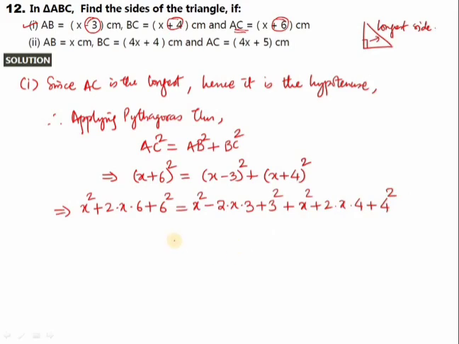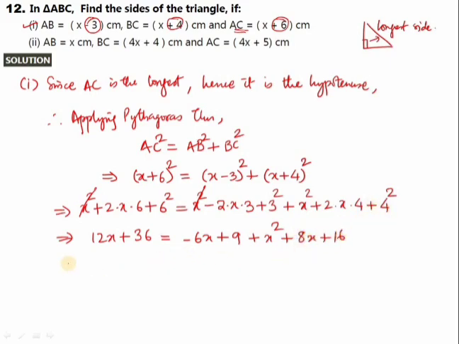Now I need to do some cancellations if possible. For example, x square and x square can be cancelled. So 2 into 6, 12x plus 36 equals, so you have minus 6x plus 3 square is 9, so you have x square plus 4 into 2, 8x plus 4 square is 16.